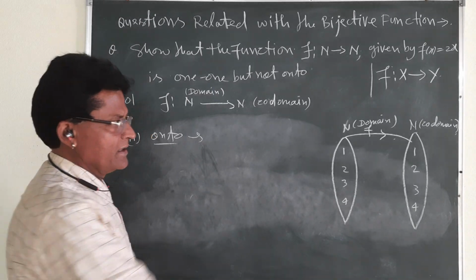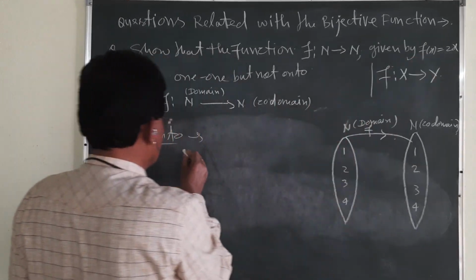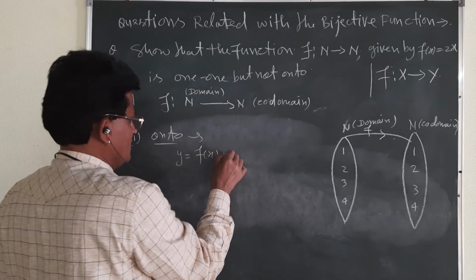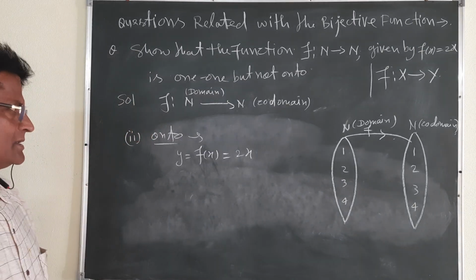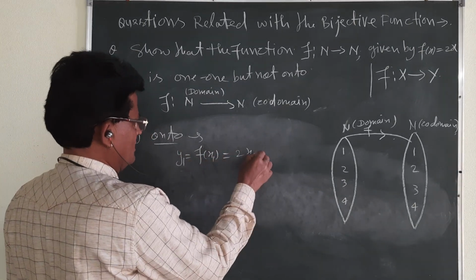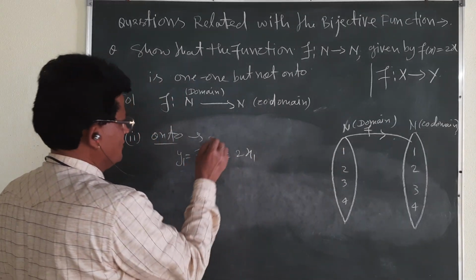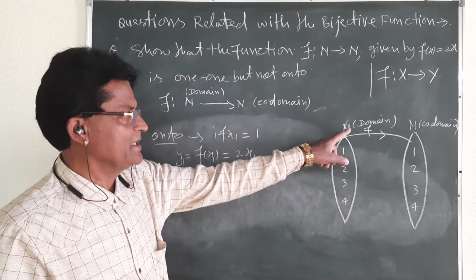Now, I will take one element. The function is given over here, f(x). f(x) means y, you know, because this is a very simple thing, 2x. Now, I will take x1, y1. Suppose x1 is equal to 1. 1 means, you see, domain.